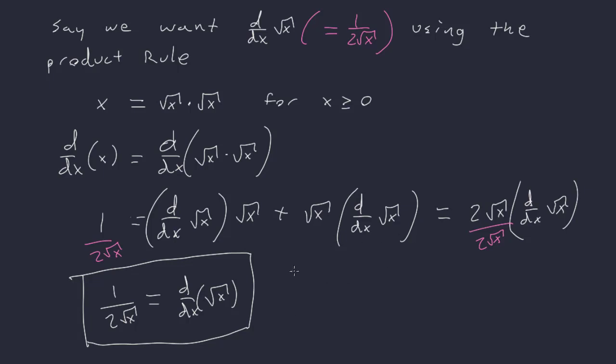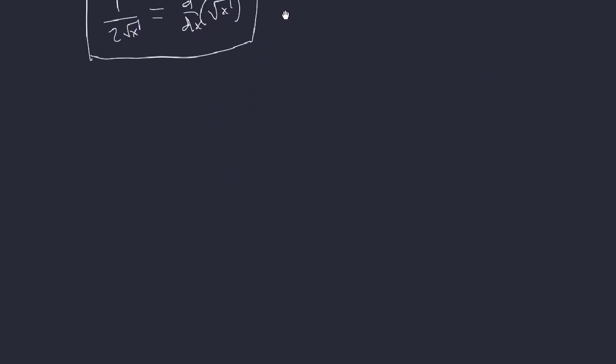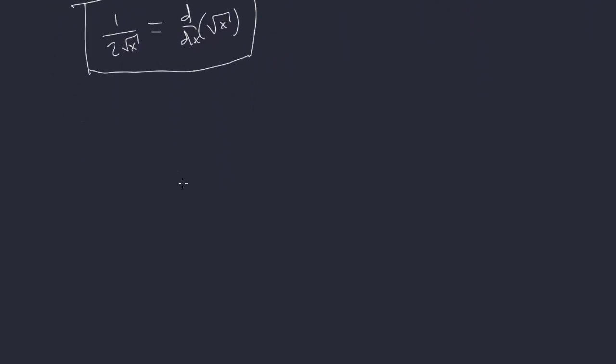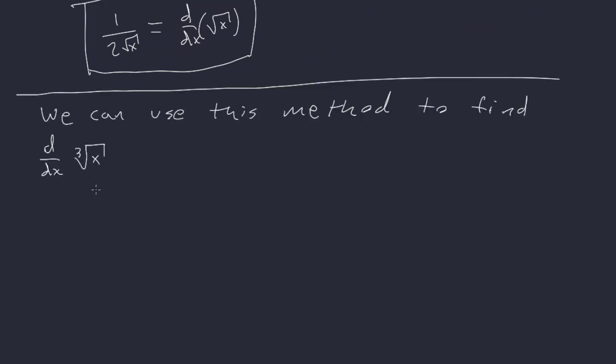Now, the reason I showed you this is, one, so that you can trust this method, but two, we can expand this to find lots of things. So we can use this to find, say, the cube root of x. If I take the cube root of x and cube it, you get back to x.